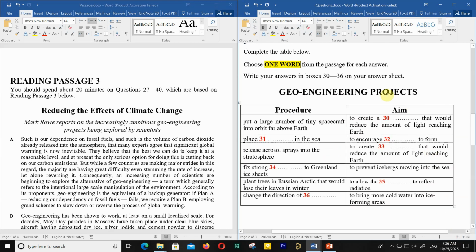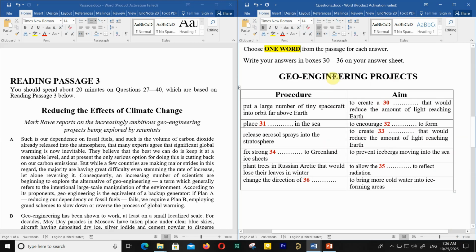and you had to know where to look for these questions. So geoengineering projects, procedure and aim: put a large number of tiny spacecraft into orbit far above Earth to create a, and this is the question. So after a we need a singular noun, and here we have Earth.